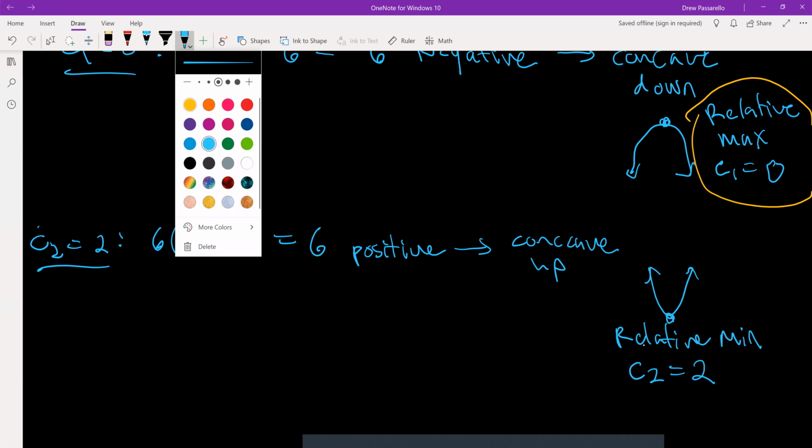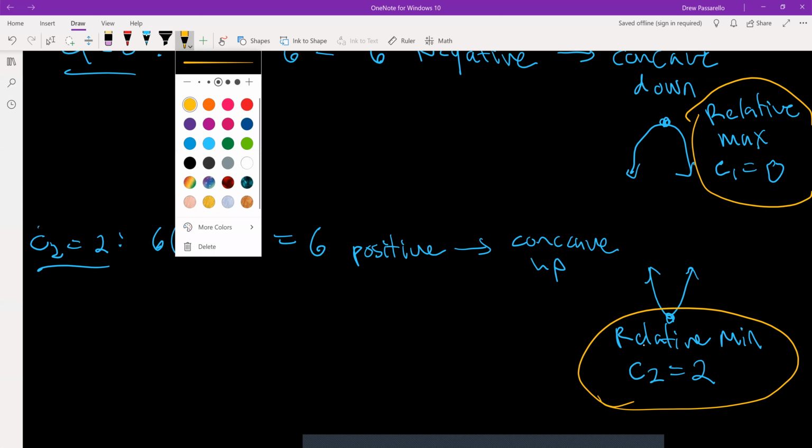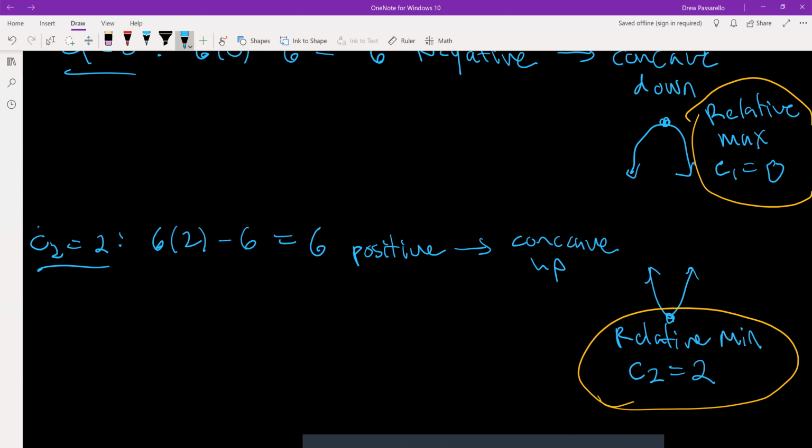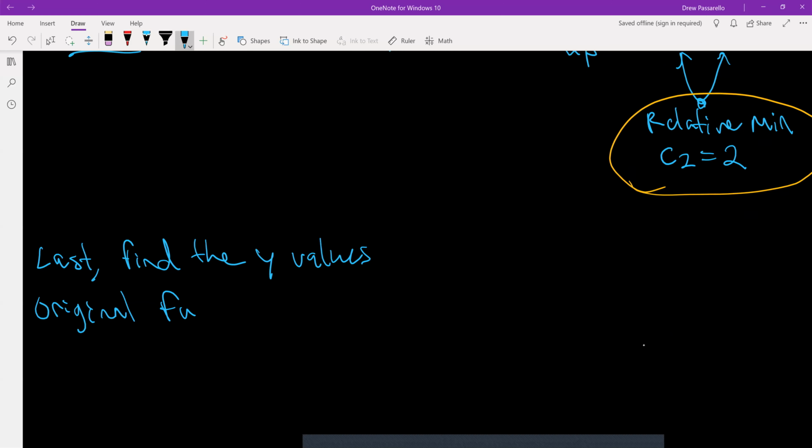So we're almost done. We've already determined there's a relative max at 0, there's a relative min at 2. Now I just need to find what the y coordinates are that go with these. And remember to use the original function. And the original function was x cubed minus 3x squared plus 3.